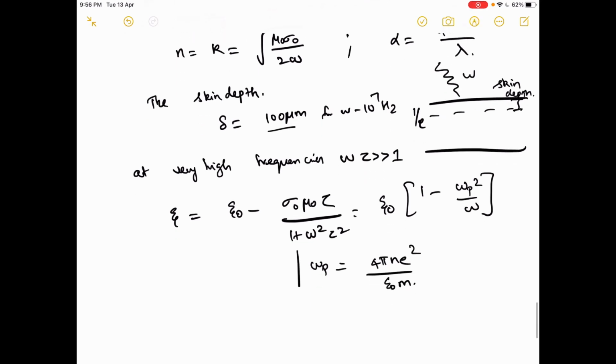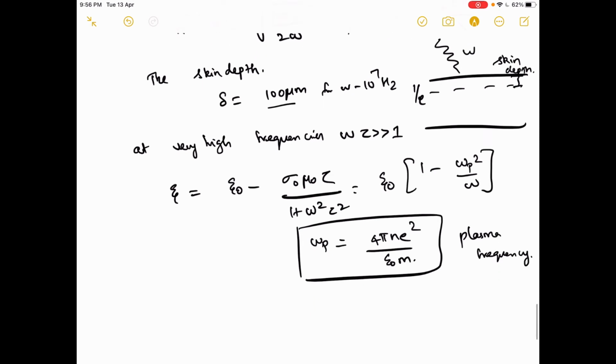This frequency is called the plasma frequency, and at this frequency the dielectric function turns 0.